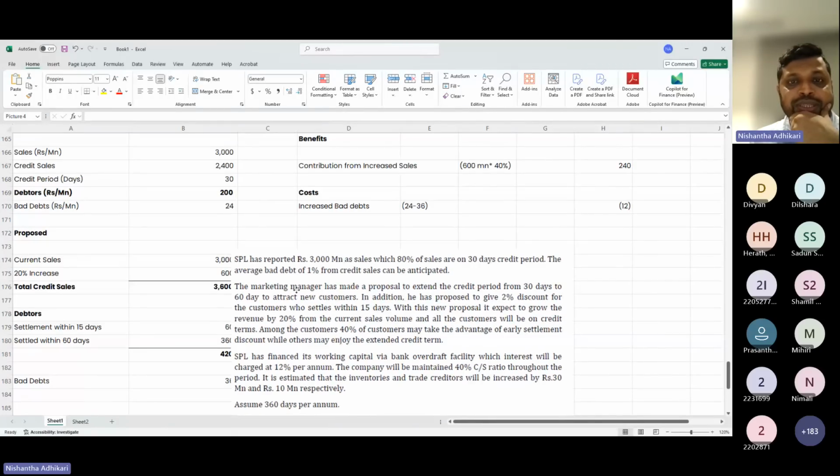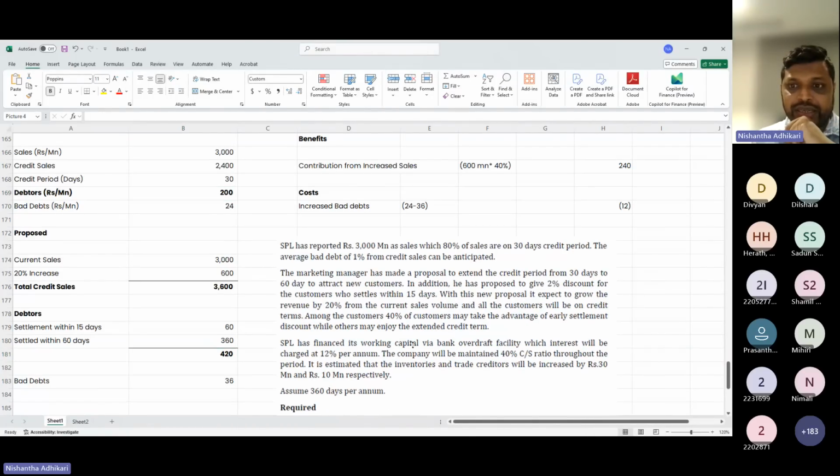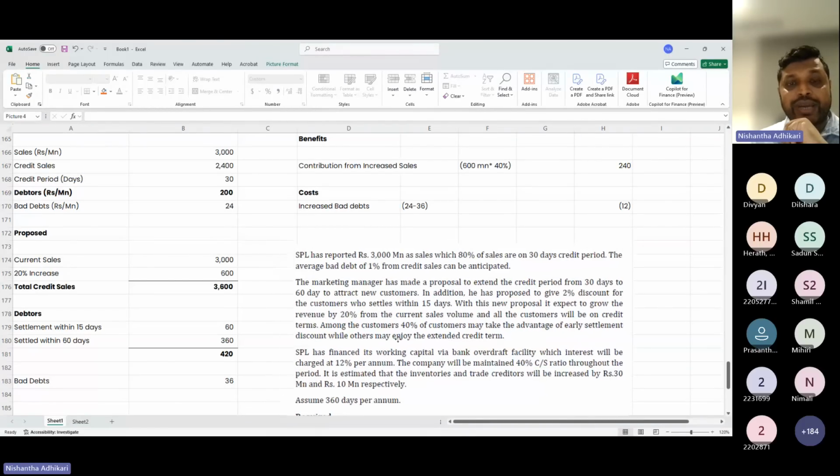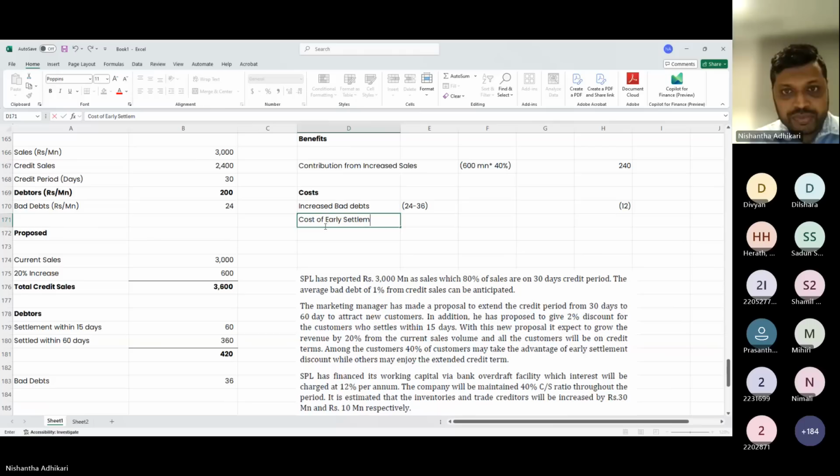If you look at the debtor balance, earlier 200 million, now 420. Not only that, here it says inventories will increase by 30 million and creditors will increase by 10 million. Therefore, you have to calculate finance cost on the working capital change. Not only that, we have to calculate the cost of early settlement discount.